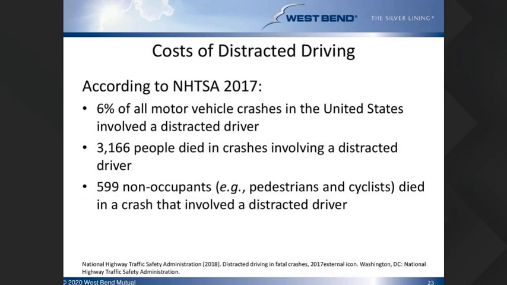But in 2017, they saw that just shy of 3,200 people died in crashes involving distracted driving, and just shy of 600 non-occupants died in crashes that involved a distracted driver. So that's your pedestrians or cyclists, people who aren't even in a motorized vehicle, who passed in 2017 just due to distracted driving alone.